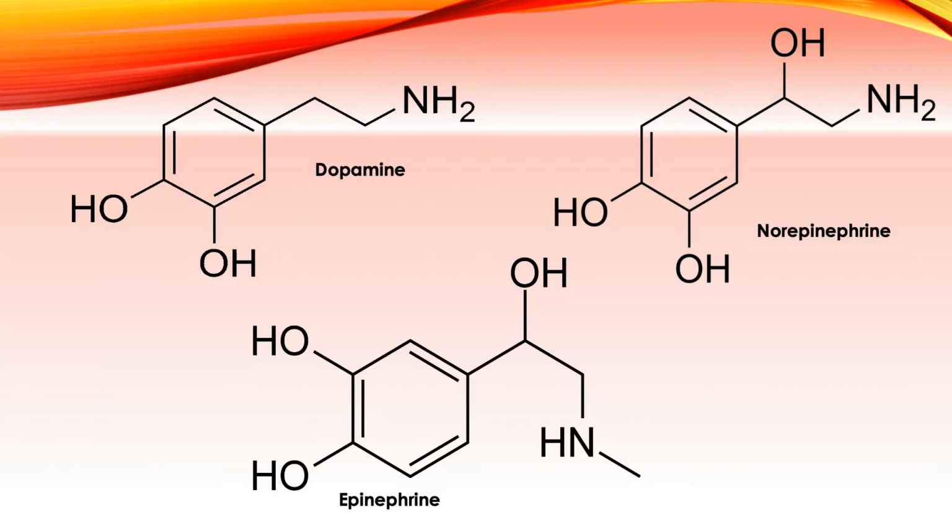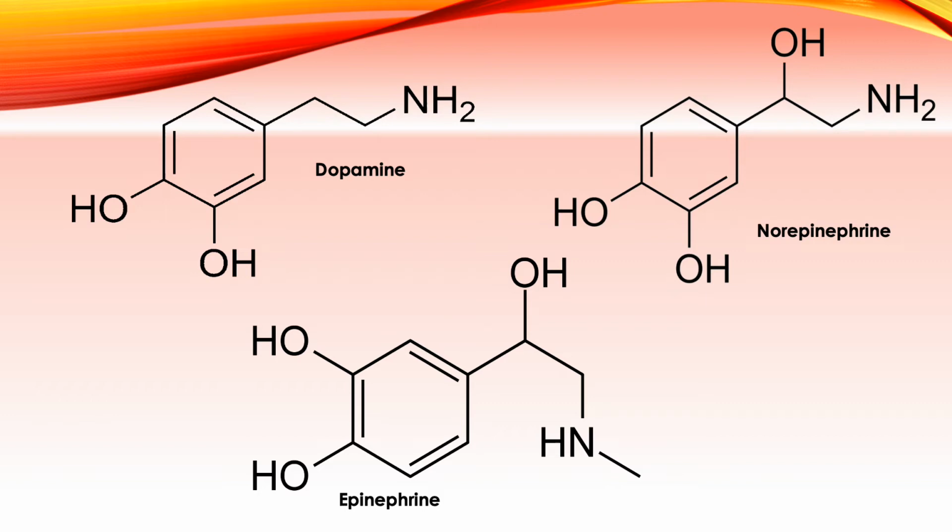Here is another example of catecholamines in our body. So let's try to look for the catechol ring here for dopamine, epinephrine, and norepinephrine. So they contain the nucleus of a catechol. Now they also possess a two carbon bridge, which is the ethyl, and the last or the tail of it is the amine portion.